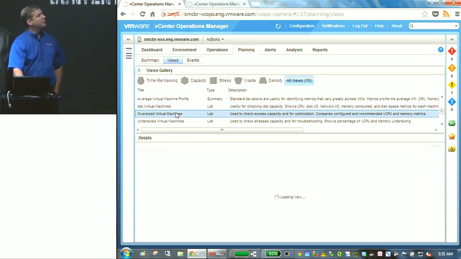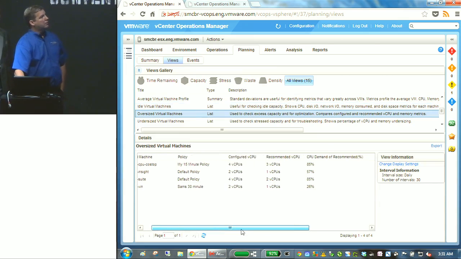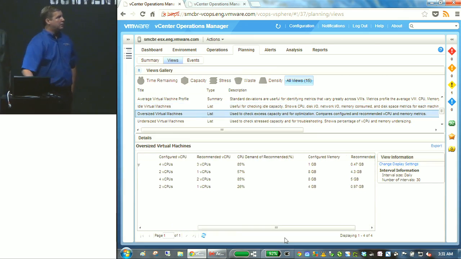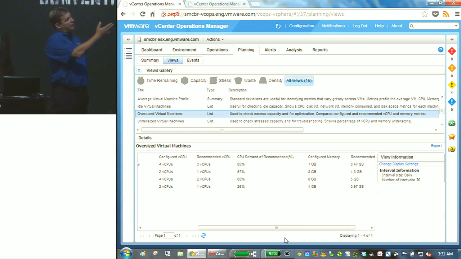I don't have any. Good. Then oversized VMs. This oversized VM list is very helpful to most of our customers. They look at this list, and if I can reclaim a significant amount of CPUs or memory, it'd be worth my time to investigate that.